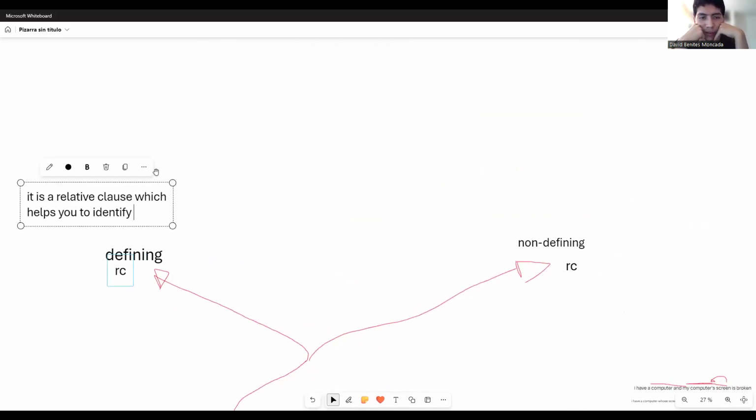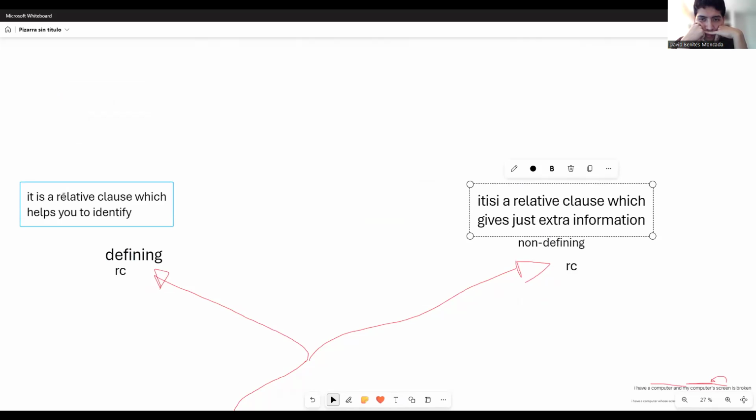But in non-defining, it is a relative clause which gives just extra information. It says it is a relative clause which helps you identify. But the non-defining is just a relative clause which gives you extra information.